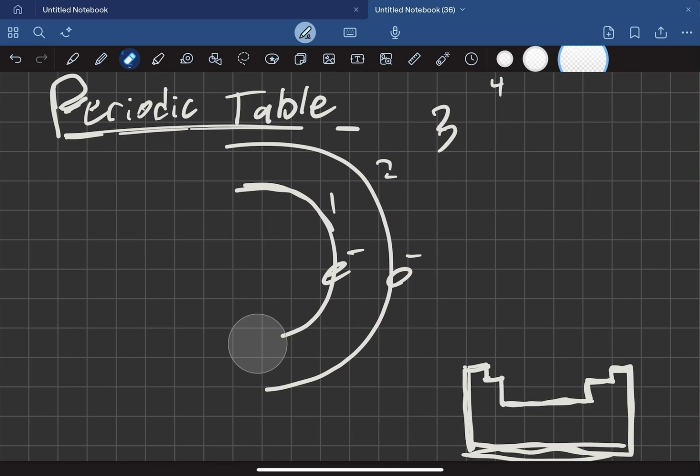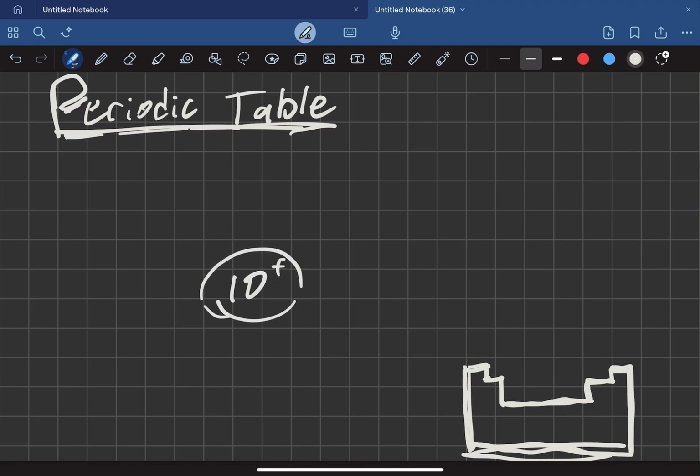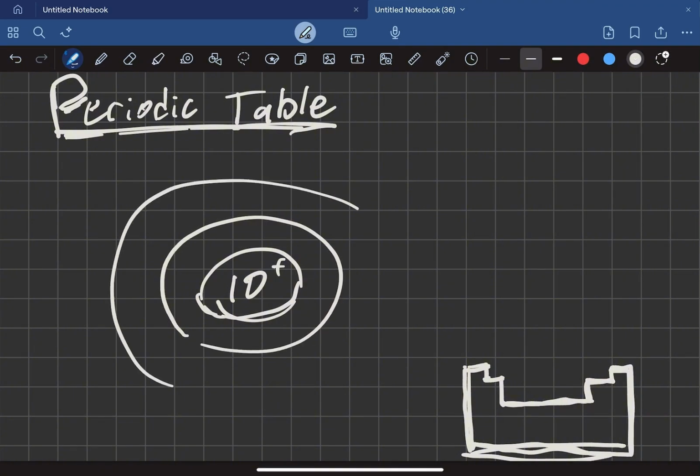So let's talk about these shells. The shells are always filled middle to outside. So if you had 10 protons in a nucleus, let's make its first shell and its second shell. It'll have these two shells, and it keeps having shells.